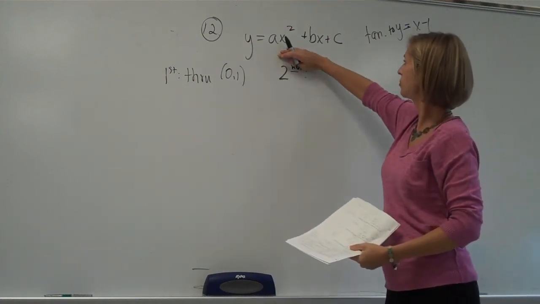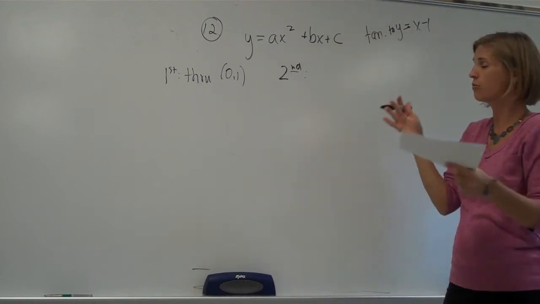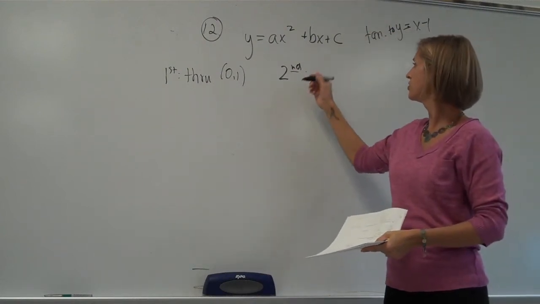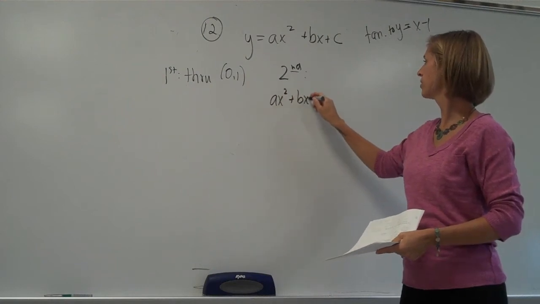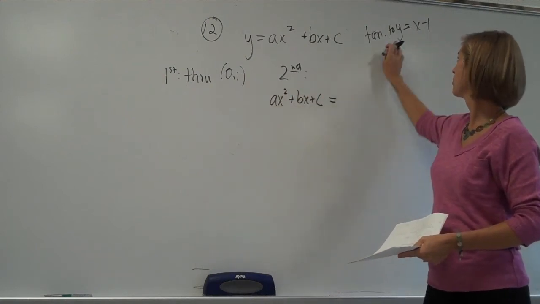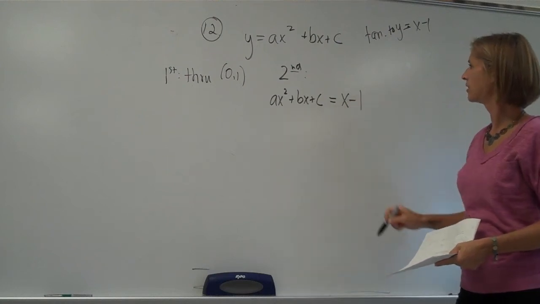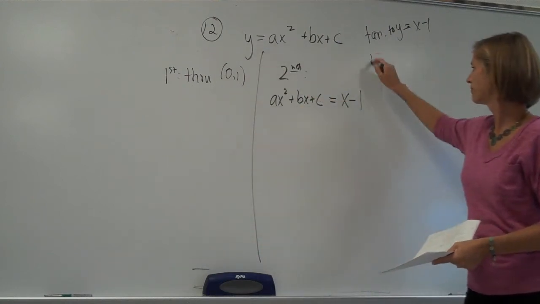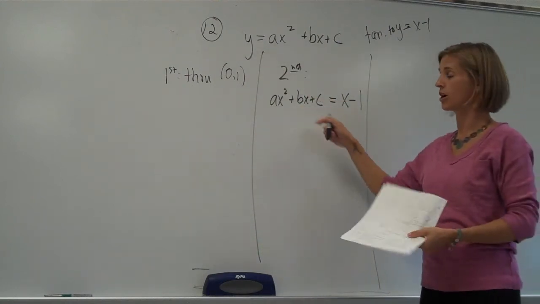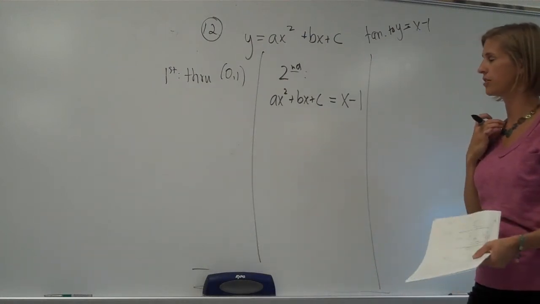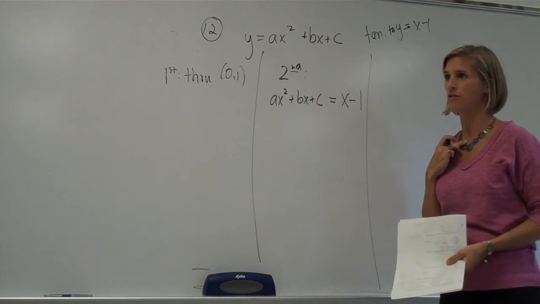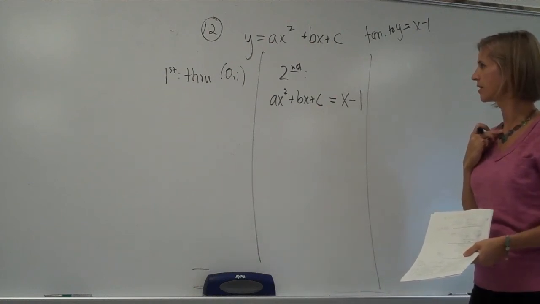So I know that ax squared plus bx plus c is going to equal x minus 1 at least at one point, where the tangent line is. It's possible they cross somewhere else, but if we get 2 answers, then we'll know when that happens.